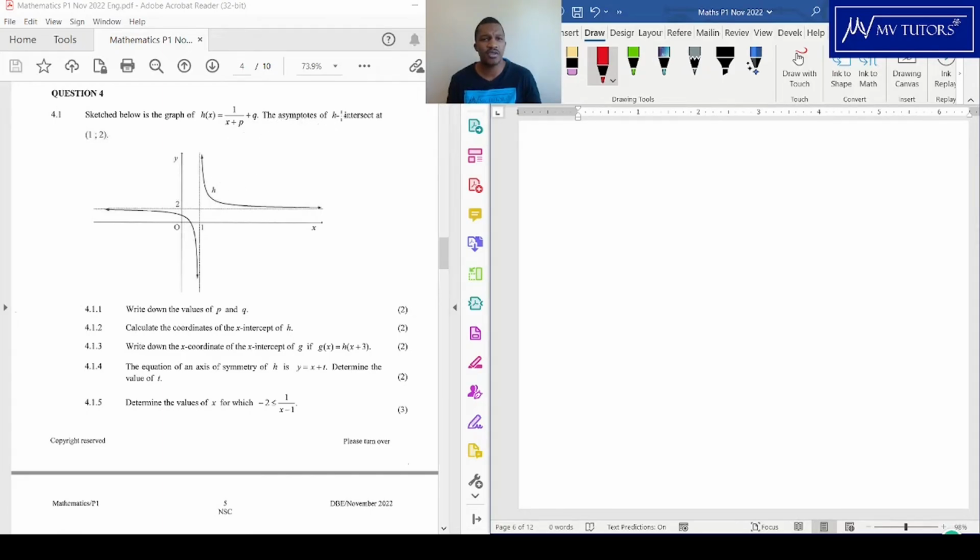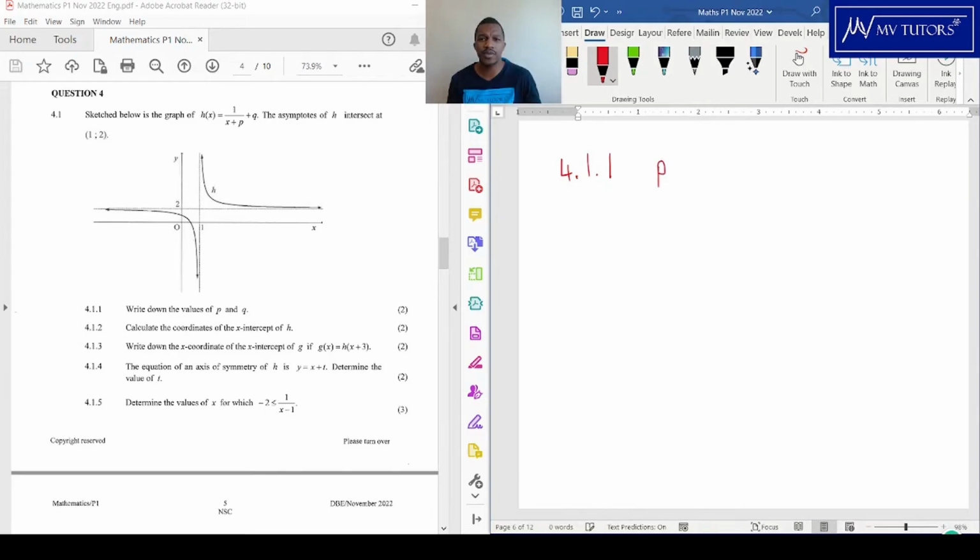The asymptotes of h intersect at 1 and 2. So we've got the point of intersection. They give us those asymptotes and also these values of p and q. So question 1 literally says write down the values of p and q. Okay, let's do that right quickly. 4.1.1, the values of p and q.